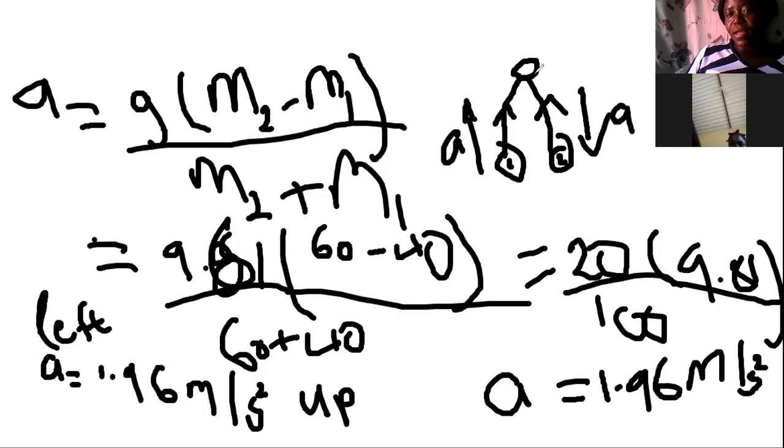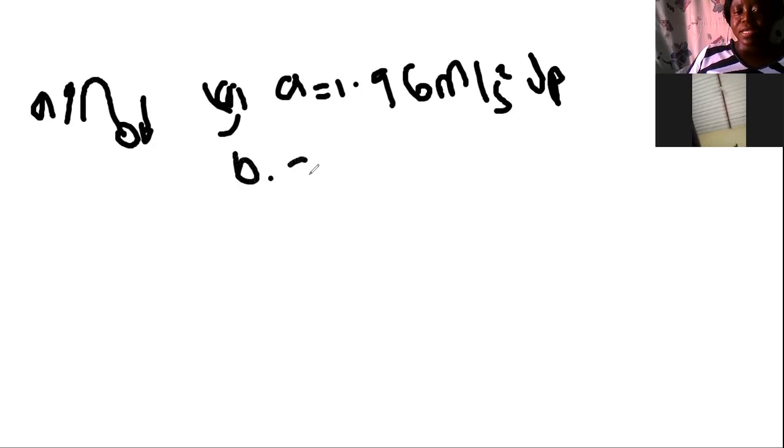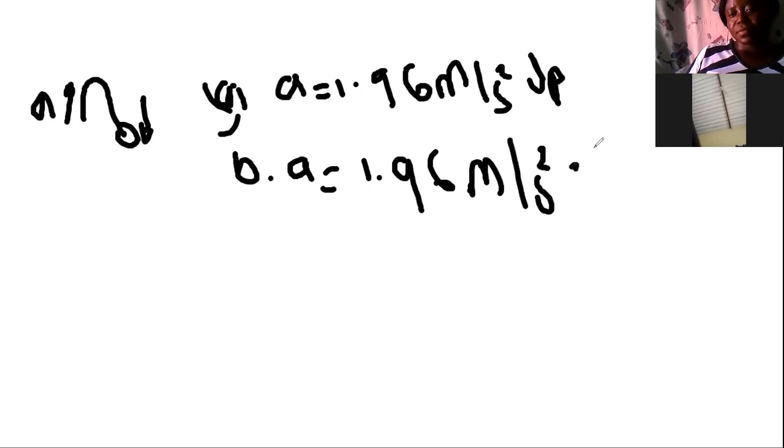So in A, the one that is asking for the acceleration, the acceleration is equal to 1.96 meters per second squared upward, while in B, we have an acceleration of 1.96 meters per second squared going downward.